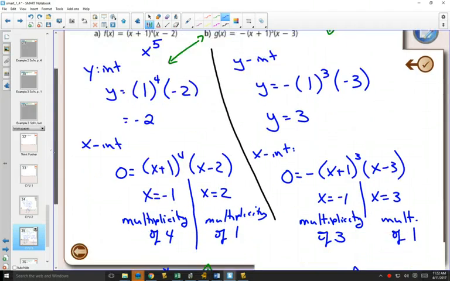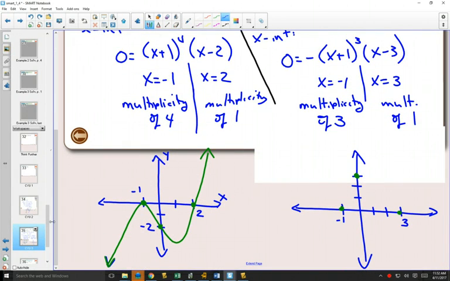So what does our final graph look like? Well, we know we have to start down here. So I'll draw that arrowhead. We know that at -1, we have to bend. And at +3, we're going to just go straight through.